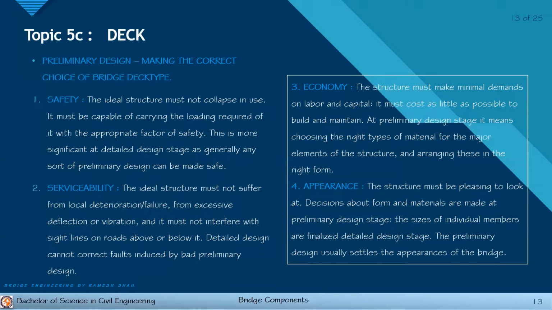So, kailangan talaga na lahat ng detalye, dapat makikita na talaga natin sa preliminary design upang sa ganun, also the appearance of our bridge is also appealing or pleasing to the eye.